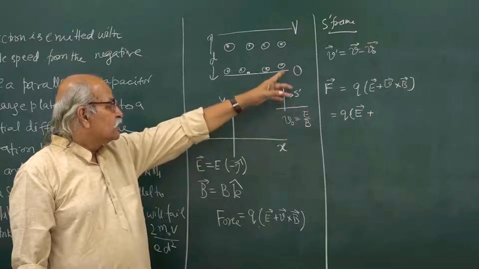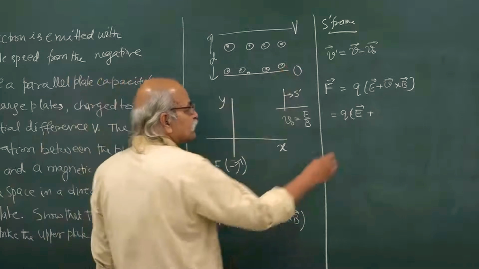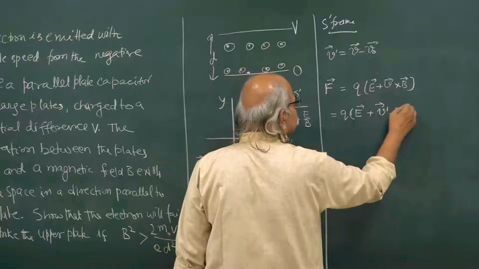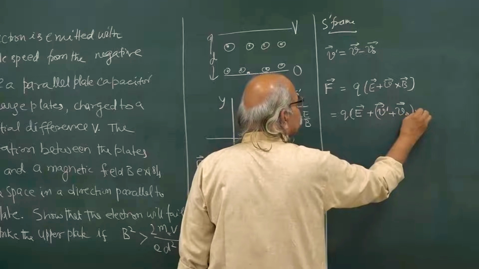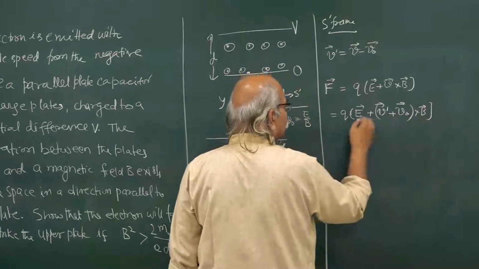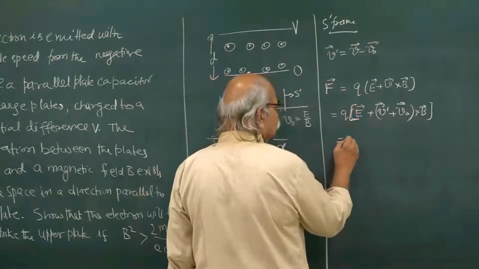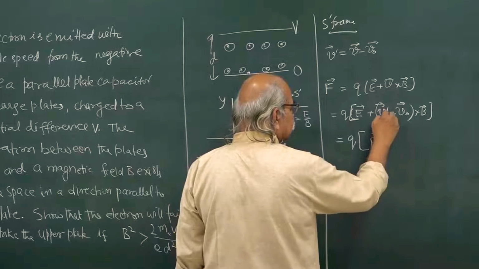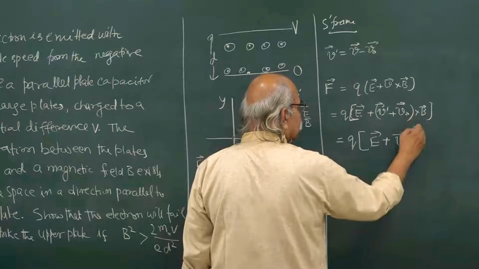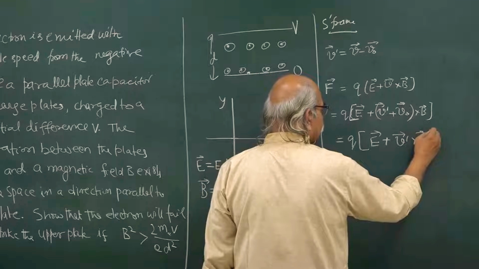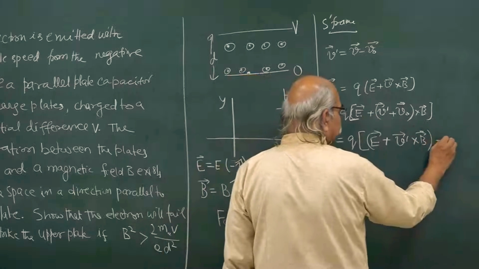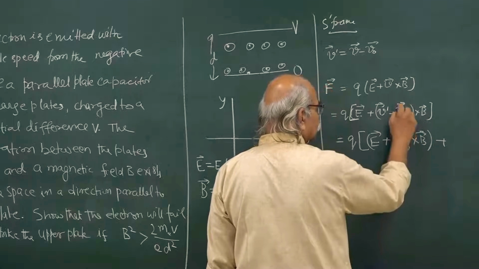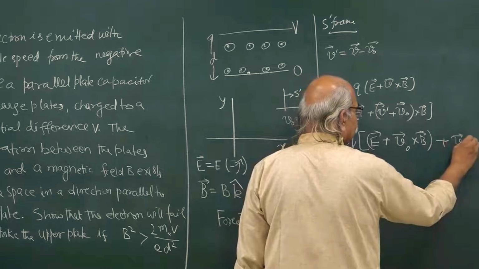So, we are subtracting to get the velocity in this S prime frame, and therefore, this V can be written as V prime plus V naught, and then cross B. So, this is equal to Q times this E here plus this V prime vector cross B vector, and then plus V naught cross B, and then plus V prime cross B.